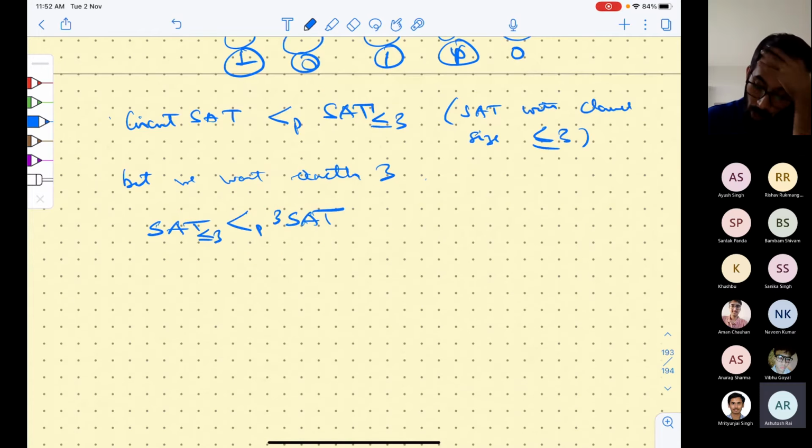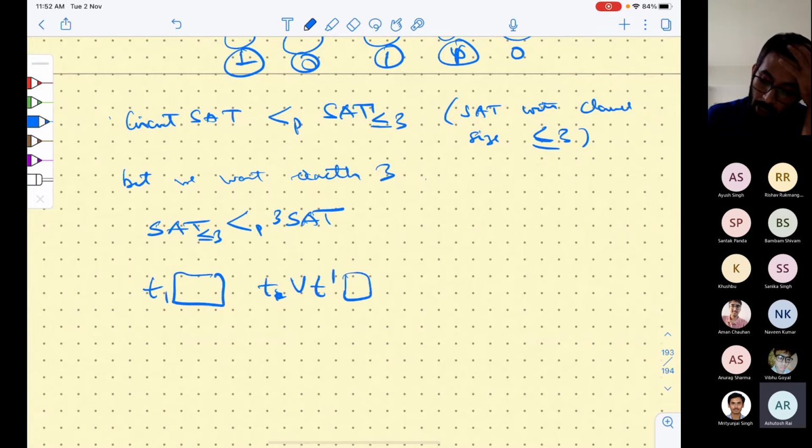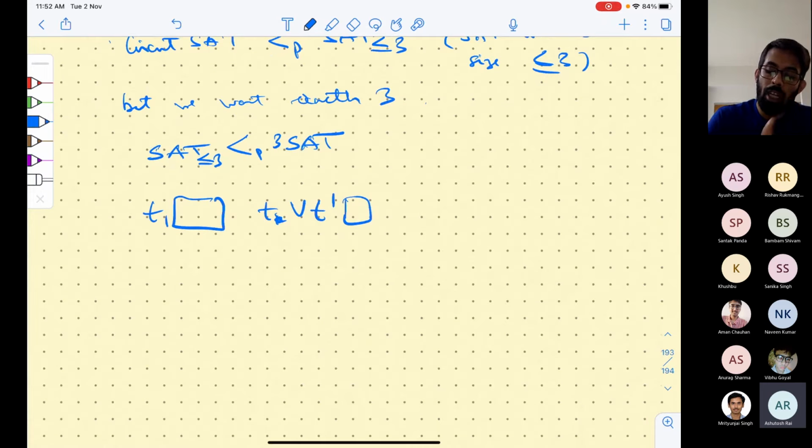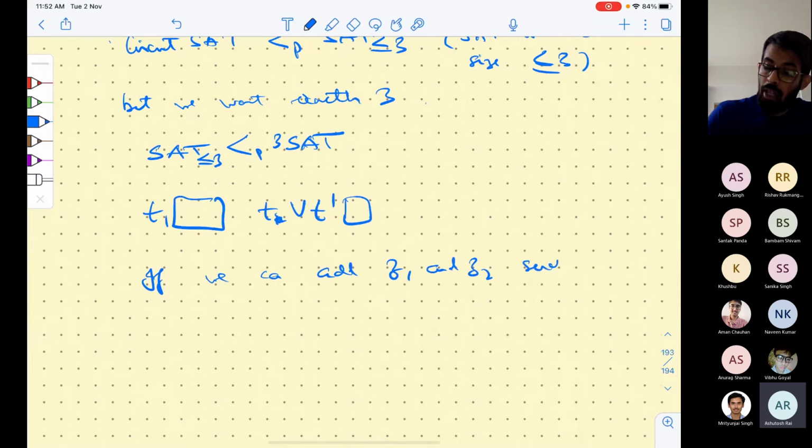Okay. And how do we do that? Now we have these singleton or double clauses. So let's say T1 is a singleton clause, and T or T prime is a double clause. We want to make them 3 term clauses, right? So I need to add 2 here and add 1 here. And if we add just zeros, that is not going to affect anything. So if we can add Z1 and Z2 such that Z1 is equal to Z2 is equal to 0, then we can add them here.